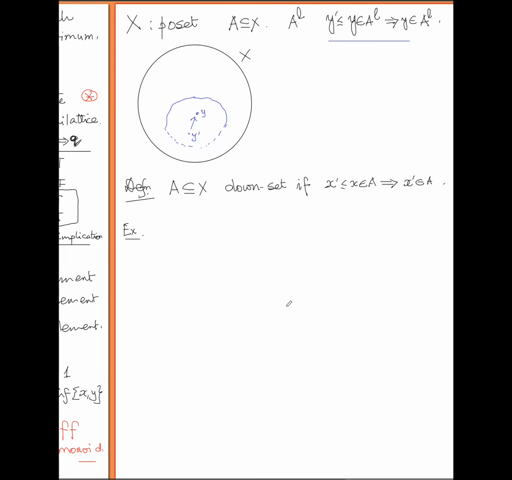Can you give immediately an example of a downset? What's the first downset that comes to your mind?